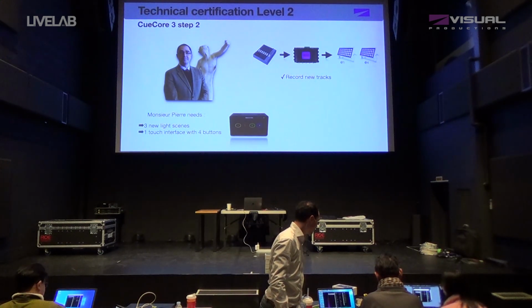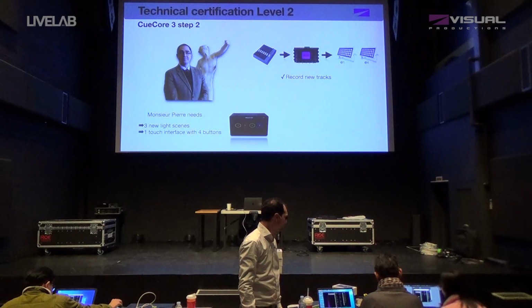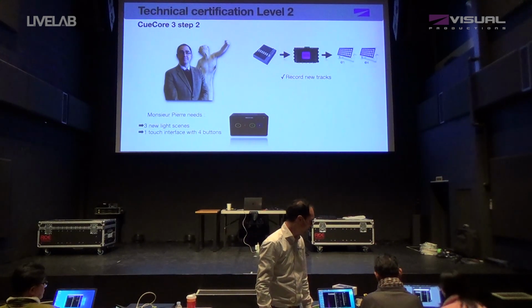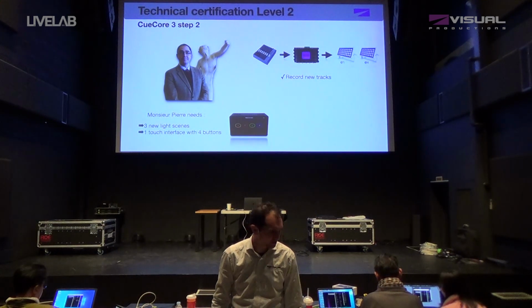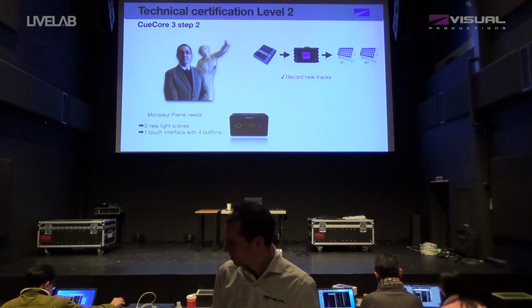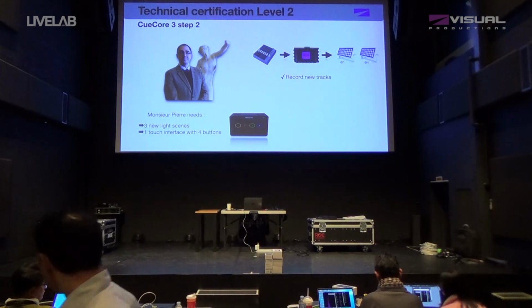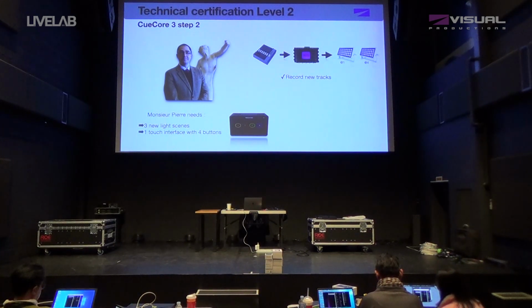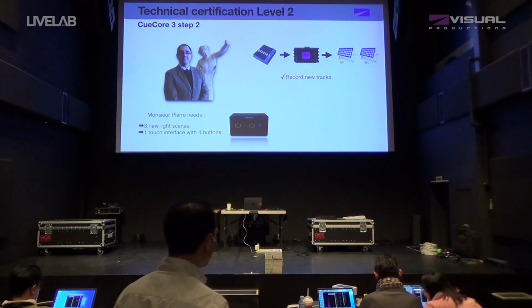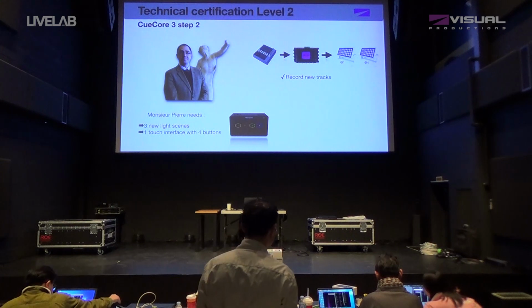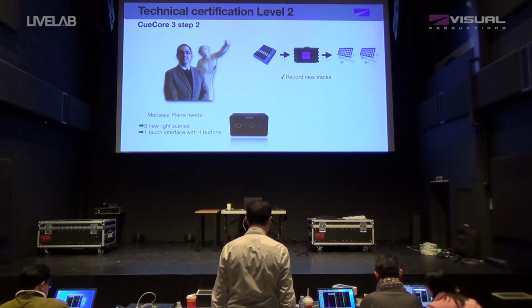And you select remote, and you will see your cue core in the list. So you just select the cue core, and you click again on the gear to get out of the settings.